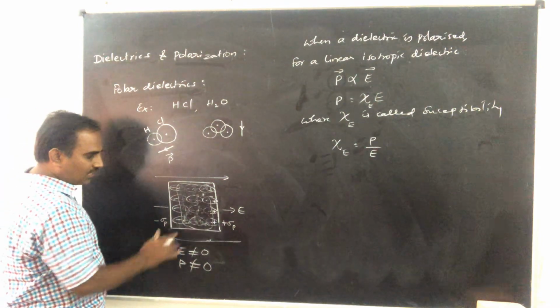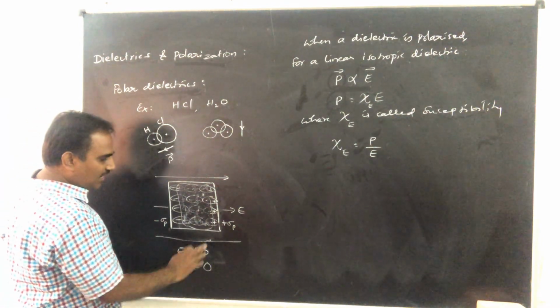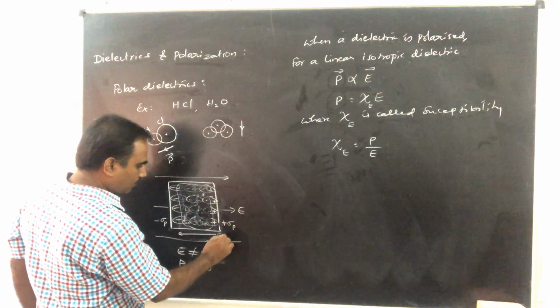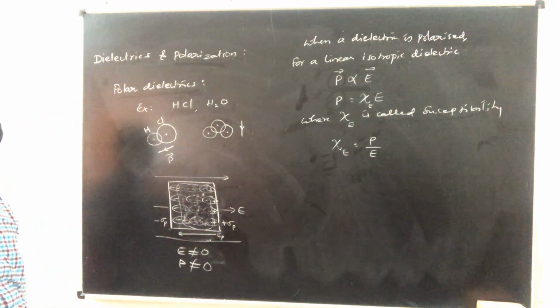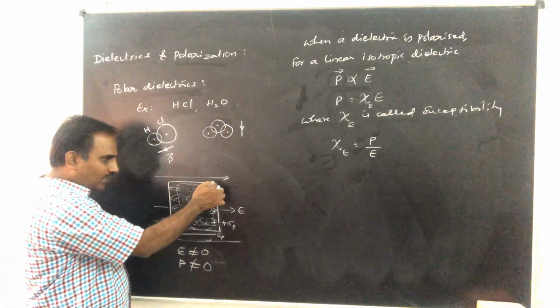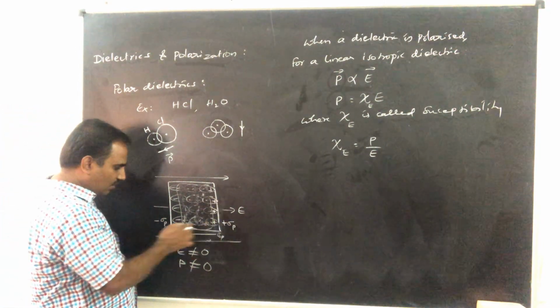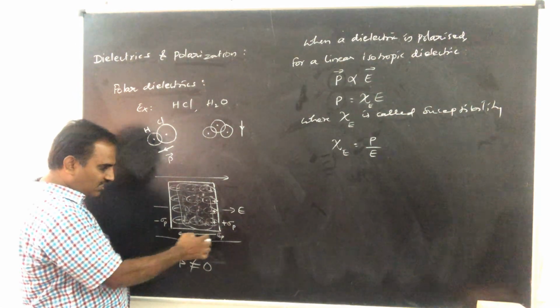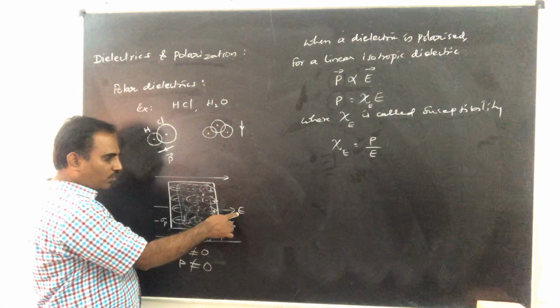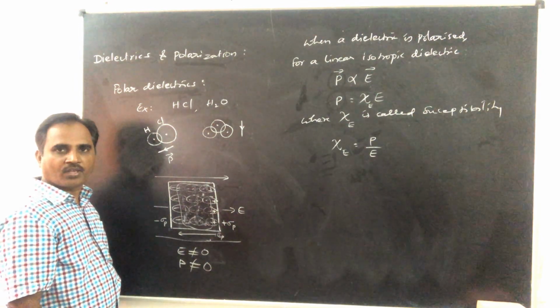So, due to this dielectric polarization, there is an electric field in this direction, EP. Understand? So plus sigma P is here, minus sigma P is here. Because of this, there is an electric field due to polarization in the opposite direction to the applied field.